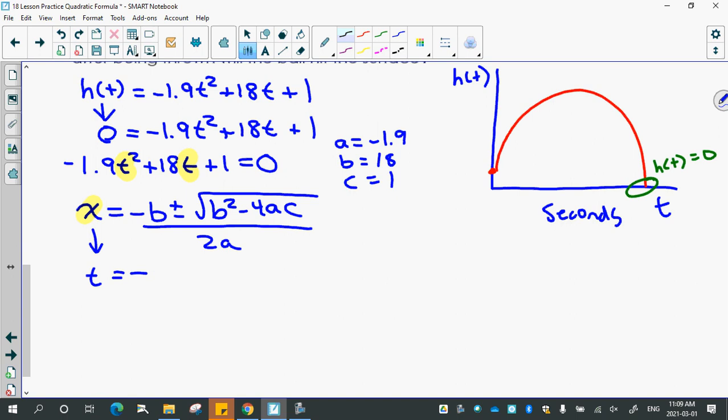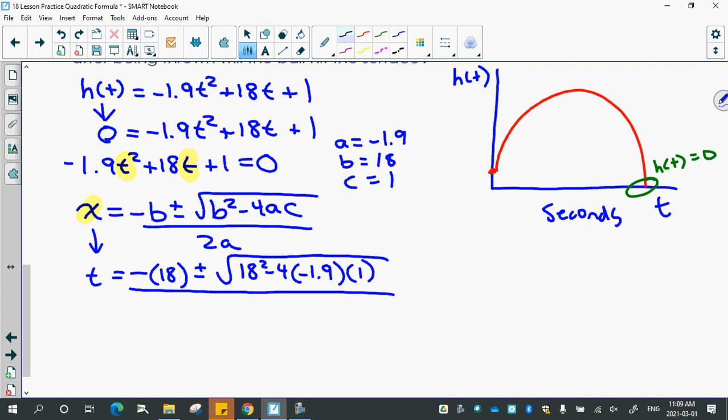And then I'm going to put 18 in for b, negative 1.9 in for a, 1 in for c. That's just my substitution step. Then check back and make sure you've got the b's, the a's, and the c in the right spots. Okay?